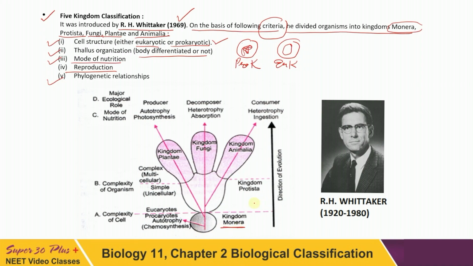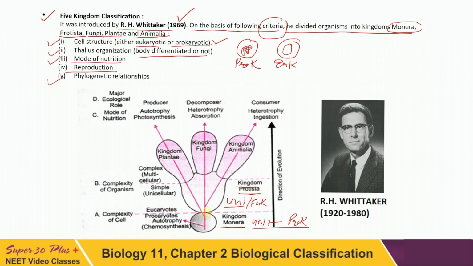Monera is unicellular and prokaryotic. From this comes the kingdom Protista. This is also unicellular, but it has the eukaryotic cell.